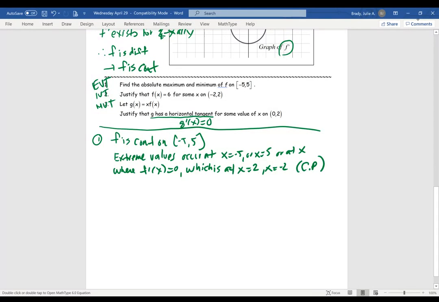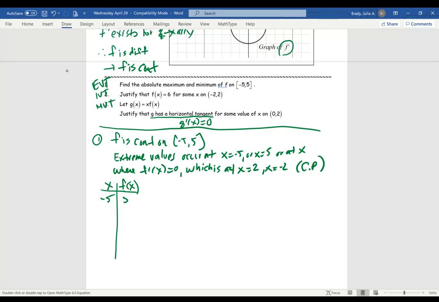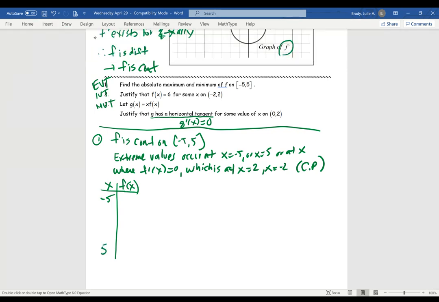Okay, so let's see. We've got x and f of x. We know we're going to go from -5 to 5. We know we need the -2 and 2 in there.